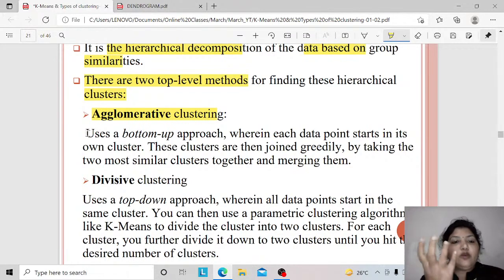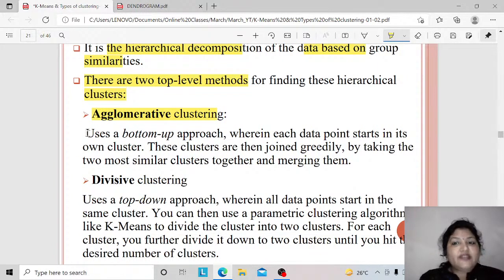In bottom up clustering, you have one data item, then you check the distance with another data item, then you make a cluster out of it, and then again check the distance of that cluster with some other data point, and this is how you are greedily joining the different data points, right?